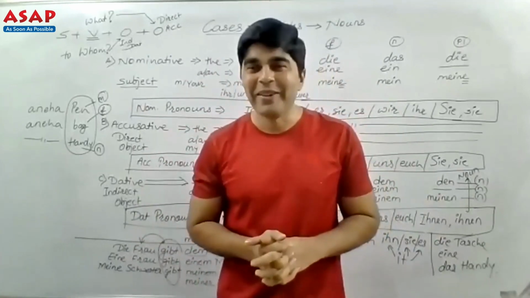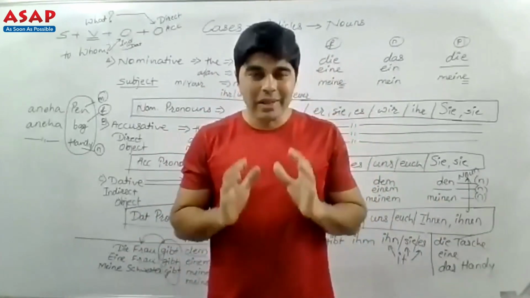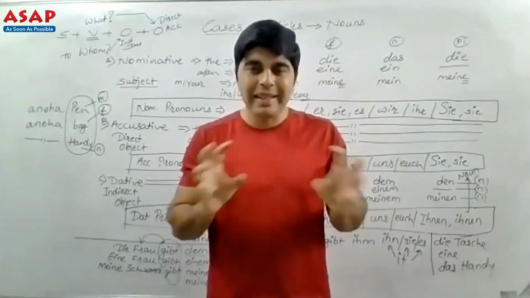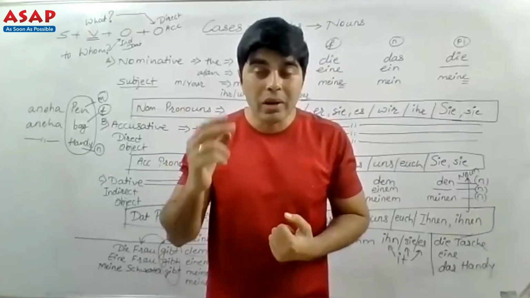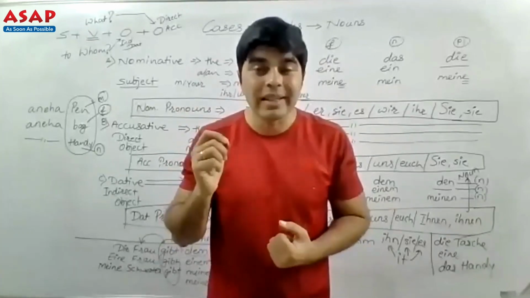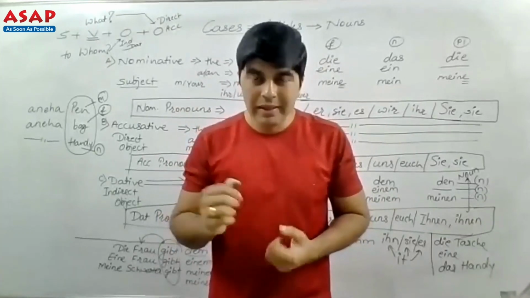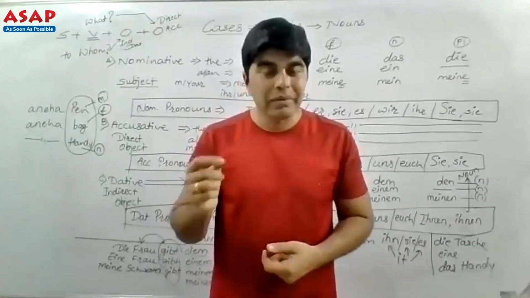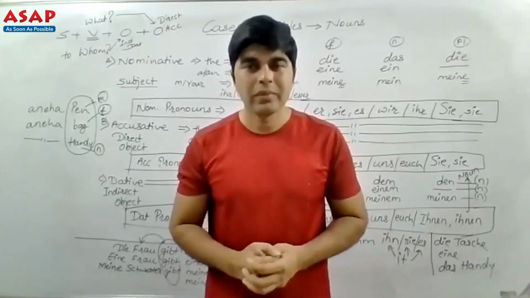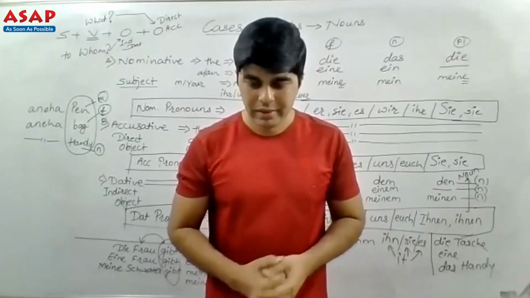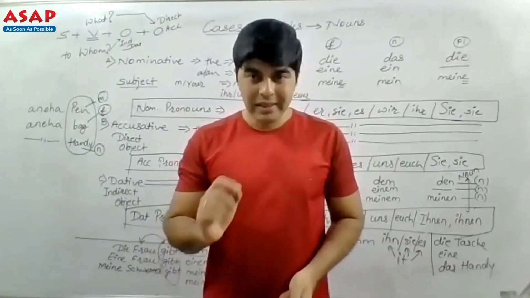Okay. So now we have one situation, one case we are considering where there are two objects. And the two objects are one direct and the second indirect. So direct and indirect. Which object will take accusative and which will take dative? Direct object takes accusative, indirect takes dative.